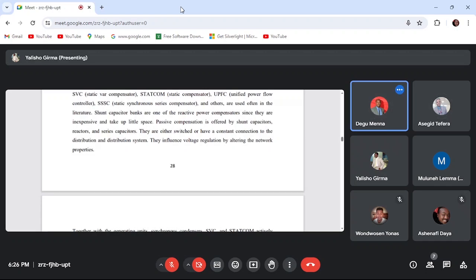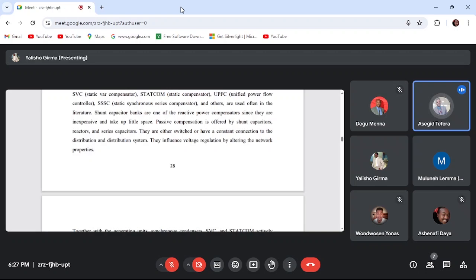Okay. Yeah. Regarding the FACTS devices, based on the title, voltage improvement and reactive power compensation for power loss reduction by using FACTS devices. So voltage, reactive power, and power loss are directly related.